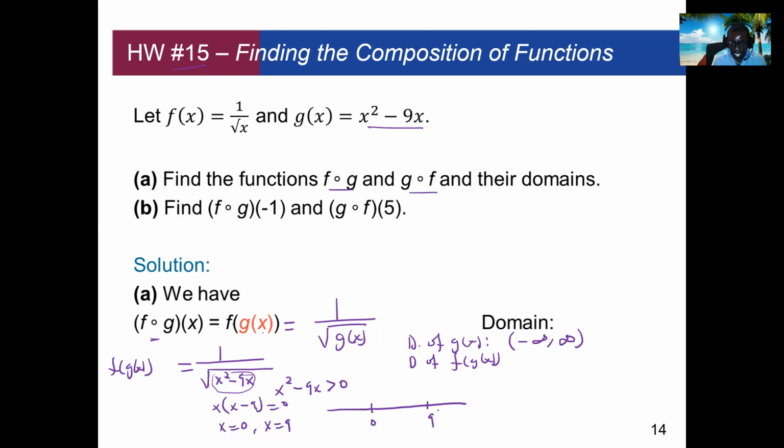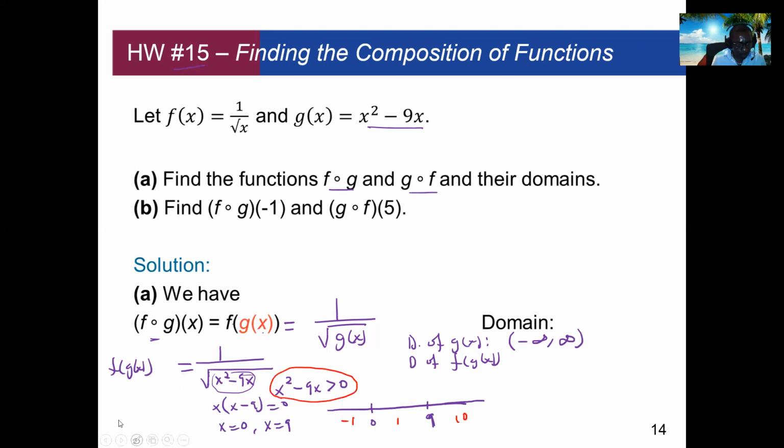Okay, and then we want to test. So let's pick a test value for each interval. To the left of 0, let's say -1, and to the right of 0, let's say 1, and then let's put 10 for that, and then test it on this inequality here.